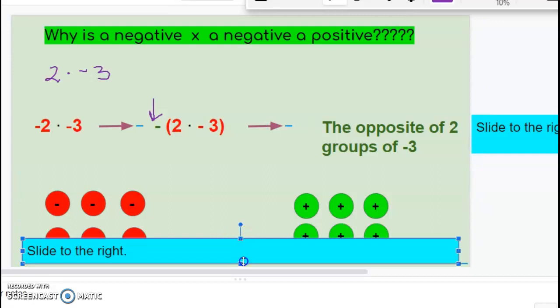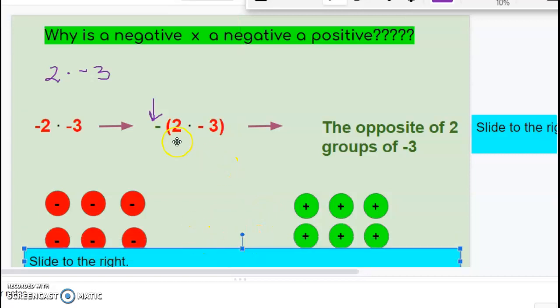Okay, so first, let me move this. Okay, so in the red parentheses, here's our two groups of negative 3. So 1, 2, 3, one group, 1, 2, 3, another group. So two groups of negative 3 right here.